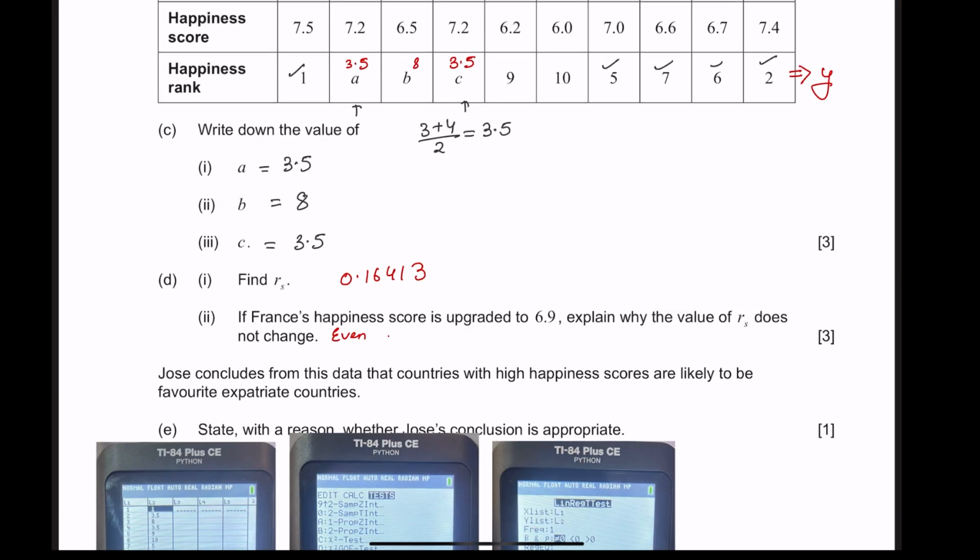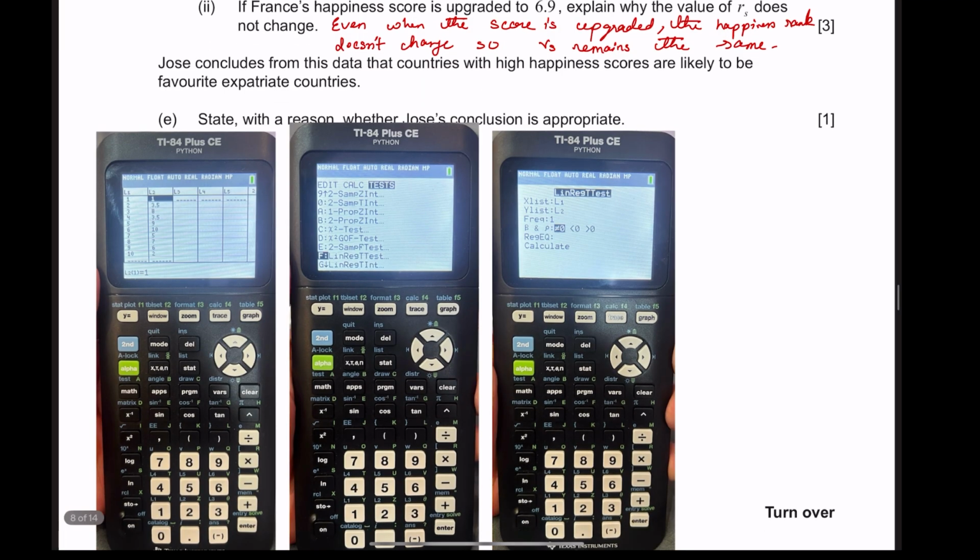Even when the score is upgraded, the happiness rank does not change, so RS remains the same. That's all for D1 and D2.